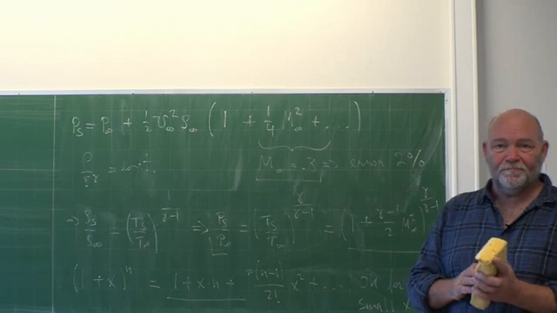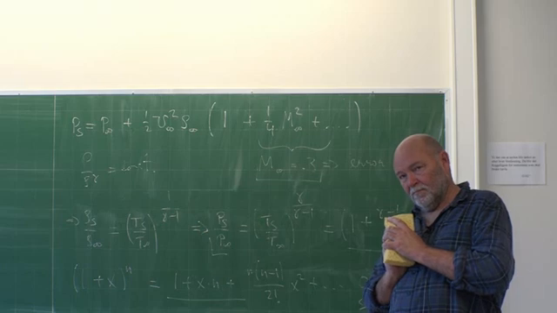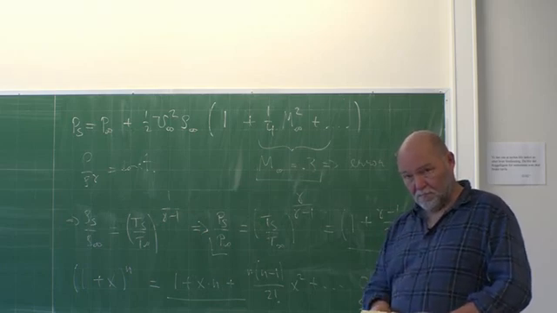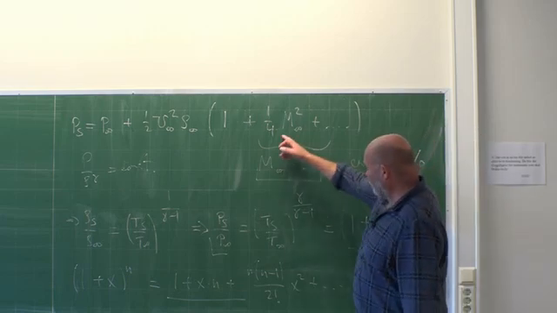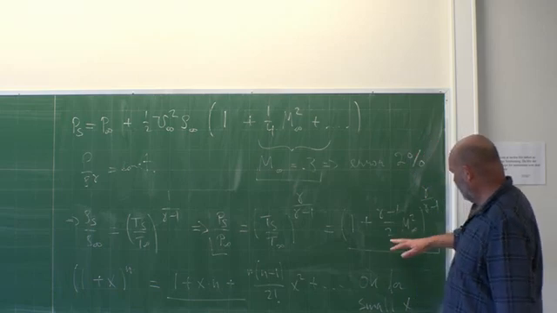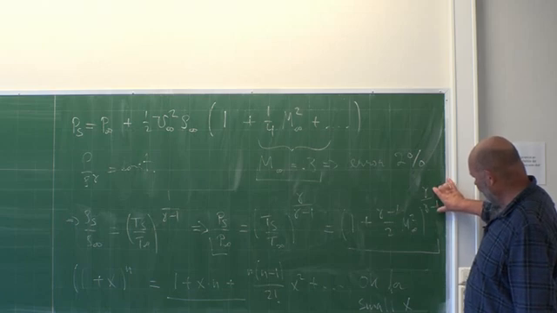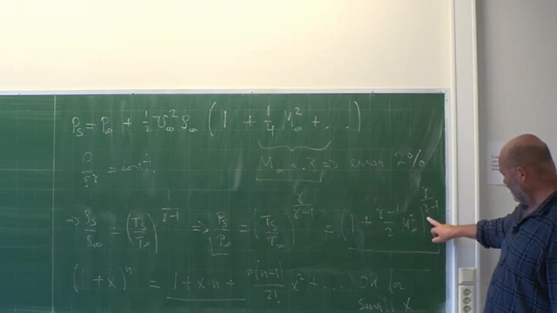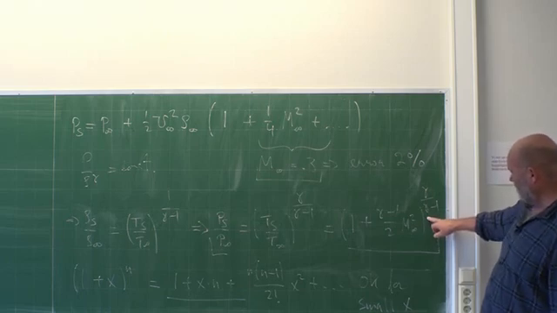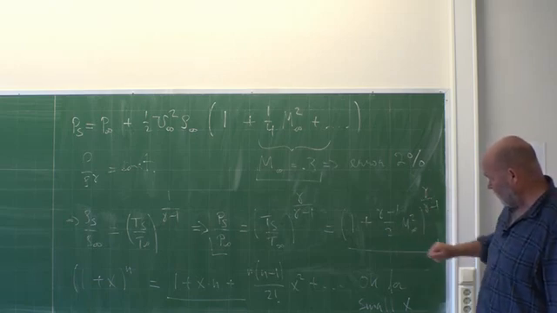Other questions? Yeah. From where do we get the 1/4? Let's see now, 1/4. When you insert here, let's see, you multiply this one down here, gamma minus 1 disappears. You are then left with, what will it be here? Gamma over 2.